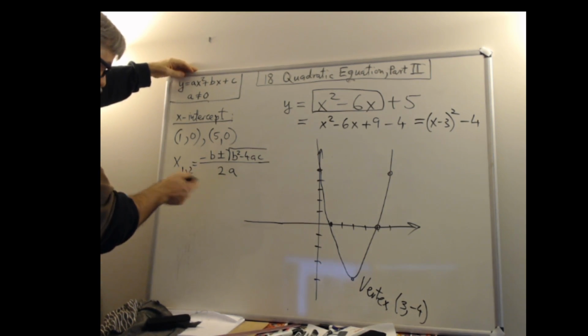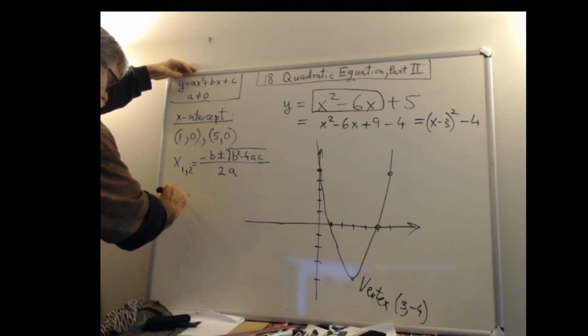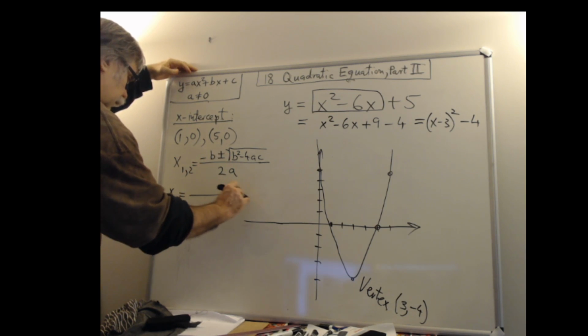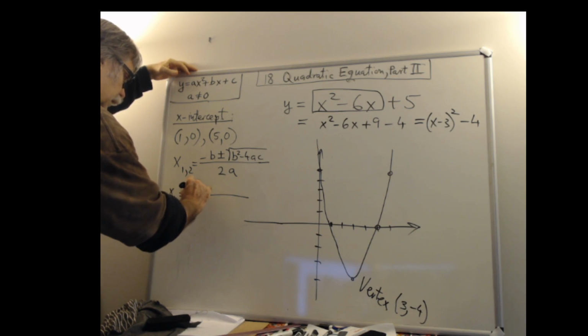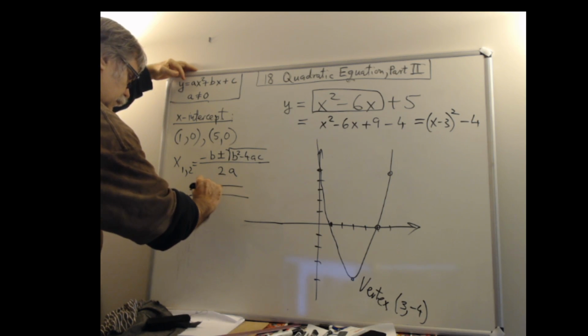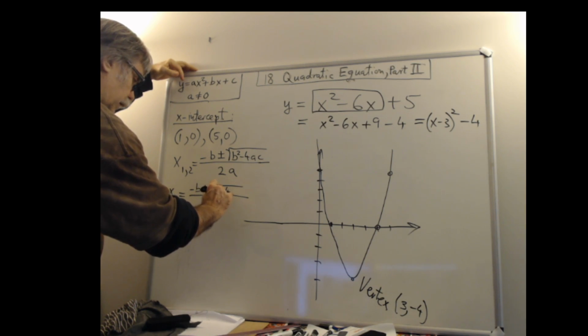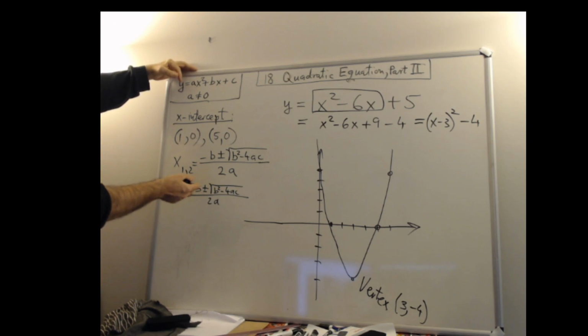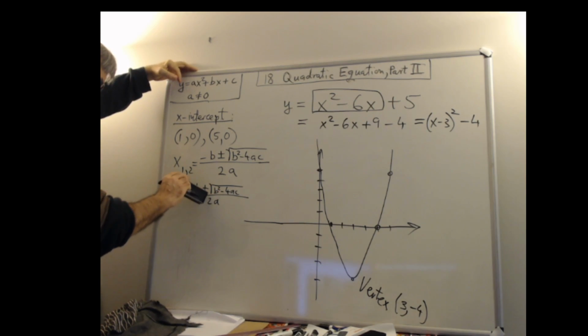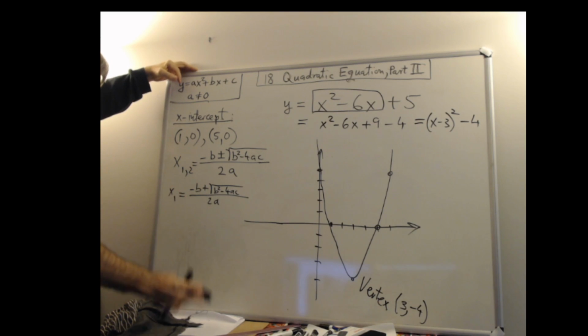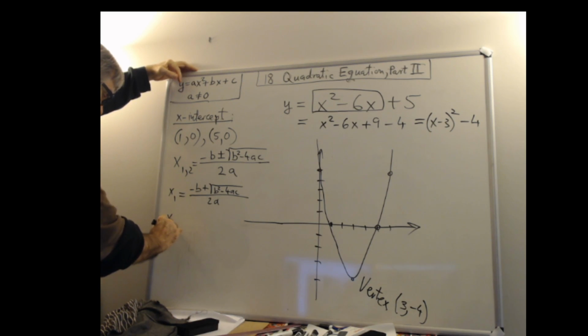If you use the quadratic formula, x1 is going to be negative b plus minus the square root of b squared minus 4ac, over 2a. That is the meaning of the quadratic formula. x1 is for plus, and then x2 is for minus, right?